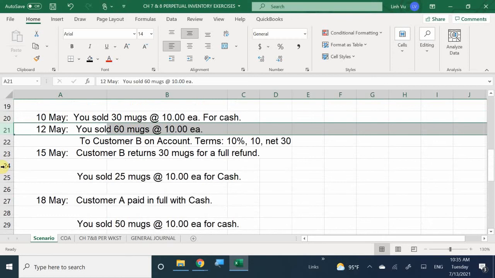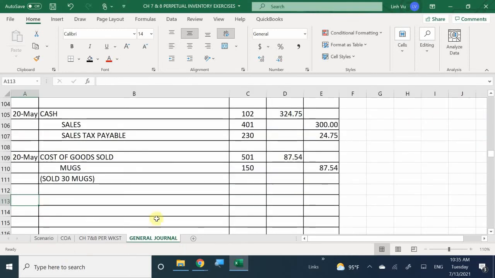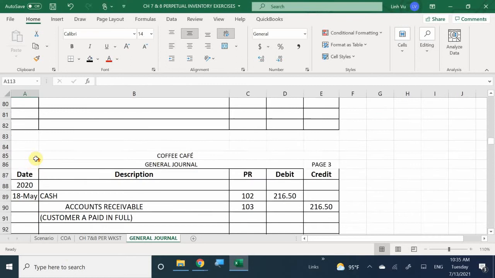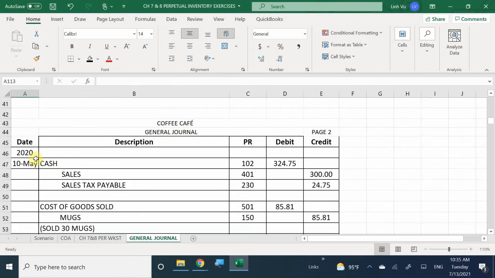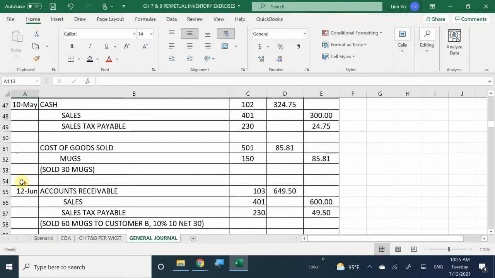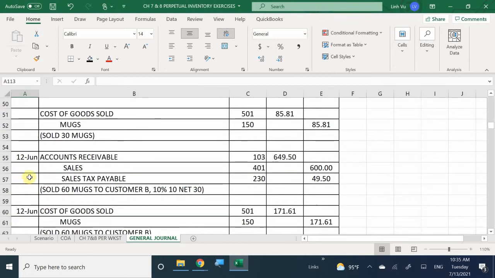However, did customer B make a return? Yes, they did. So in this case, our number is skewed. It's different. So now we actually have to go back and take a look in our journal where those numbers are. So we sold to customer B on an account on the 12th.